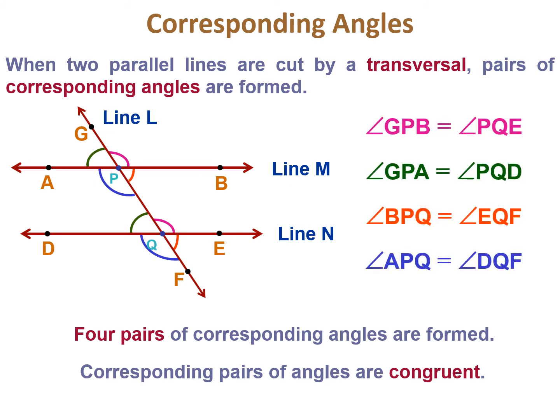So in this figure, given two lines which are parallel to each other, line AB is parallel to line DE with a transversal line LF.